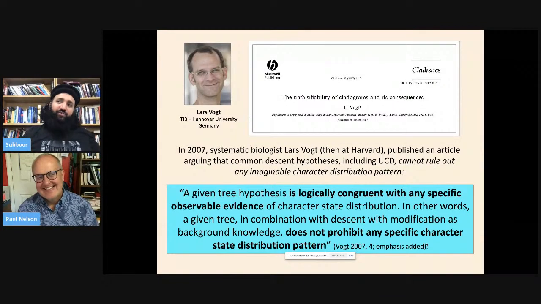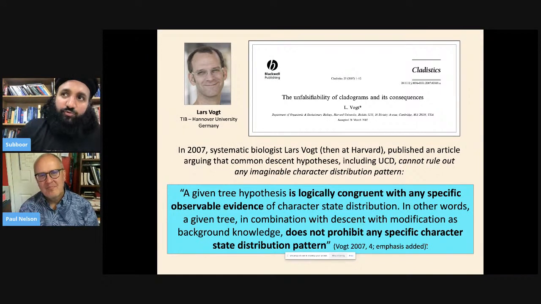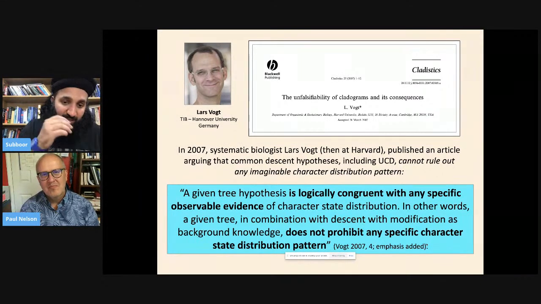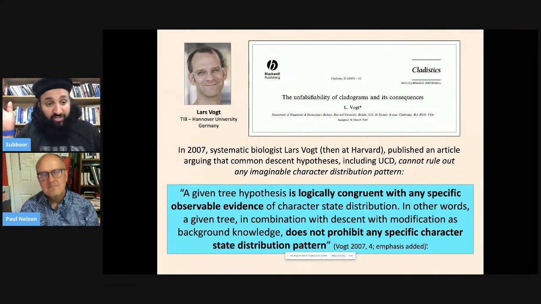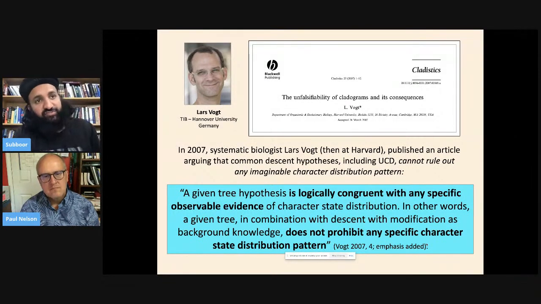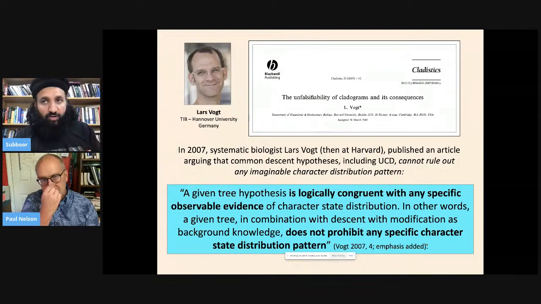Yeah, absolutely. One of the things which I think is important to highlight here as well, and this really comes out in what Lars is saying, is any given hypothesis is logically compatible with whatever evidence, whatever observation you're going to see. So sometimes we get individual questions from people confused about the discussions between creationism, design and Darwinism.